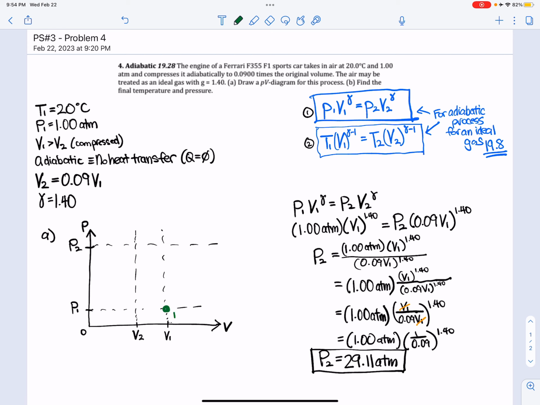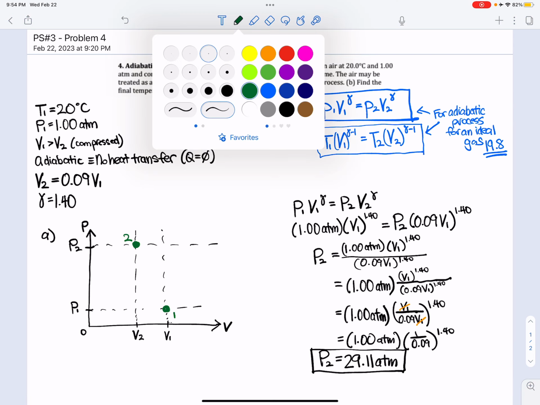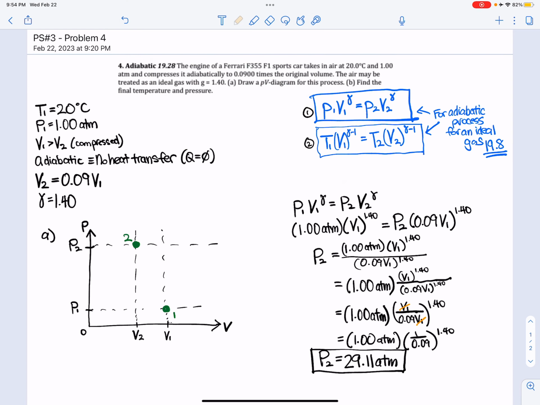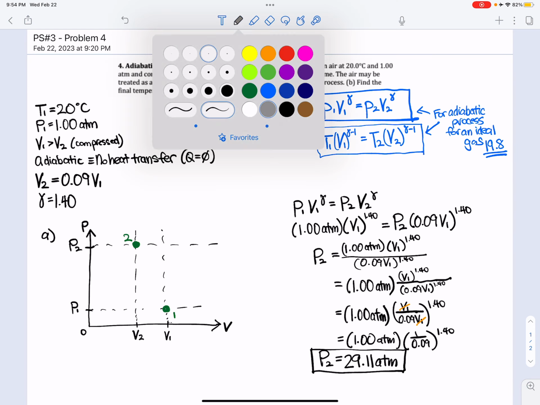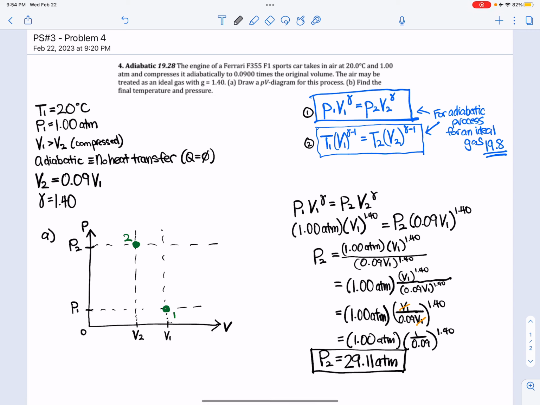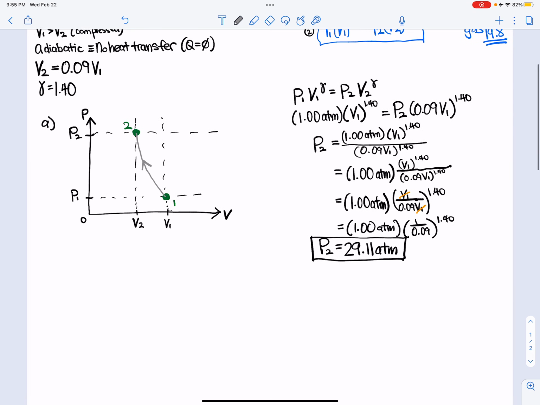That's state 1. State 2 is V2, P2 right here. And my curve will go like that, in that direction. Okay, so that is my PV diagram for this process, the path from state 1 to state 2.